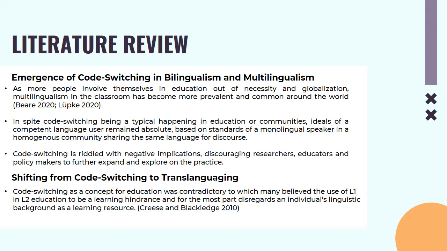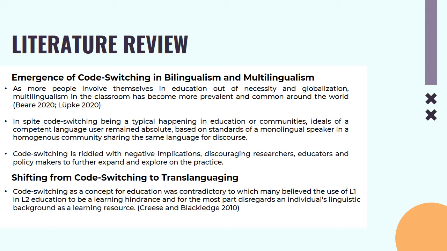Code switching is riddled with negative implications, discouraging researchers, educators, and policymakers to further expand and explore the practice. Hence, the next literature review will discuss shifting from code switching to translanguaging.